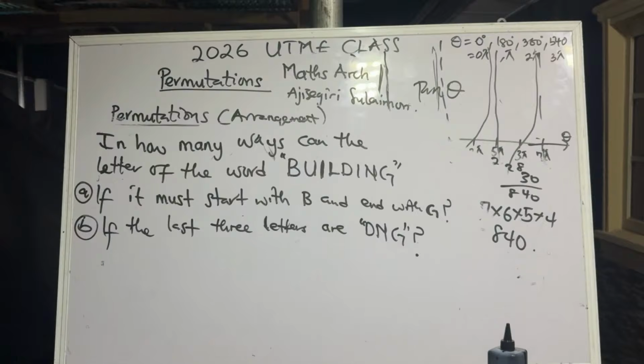I is repeated twice. That's over 2 factorial. So 6 factorial is 720 over 2 factorial, which is 2, is 360. You're correct on that one. So for B, the last 3 letters are D, N, G. I said 60. Okay, let's wait for others.